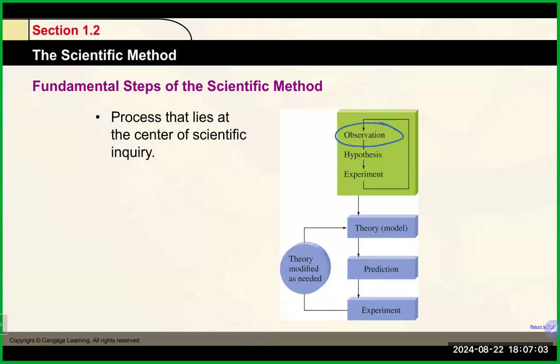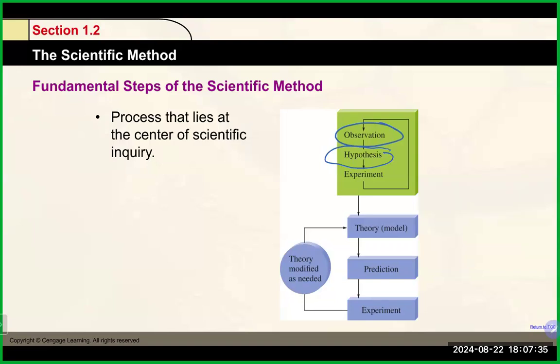Why is that happening? So we try to come up with a testable, tentative explanation of why what we're observing is happening. Usually a good hypothesis is one that can be tested through some type of experimentation, so you can try to figure out what is actually happening. A nice testable hypothesis allows you to do some type of experiment to explore what is going on.